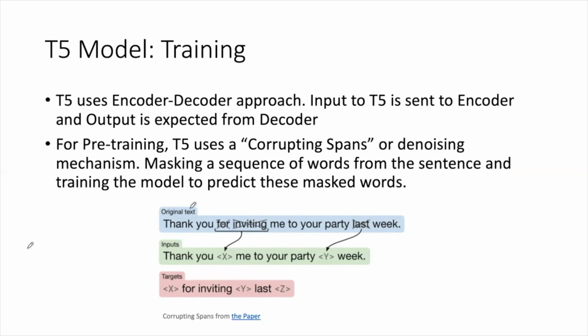Given a sentence, we replace a span of tokens with certain markers like X, Y, etc. This is what is provided to the encoder. What we try to predict in the decoder are the words that are missing, and other words are left as blanks.